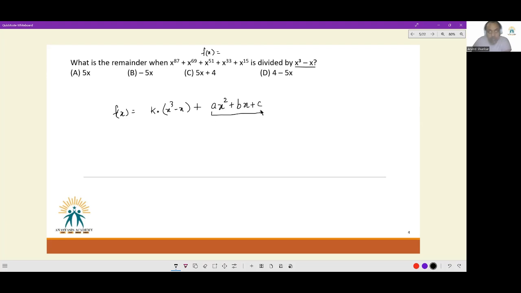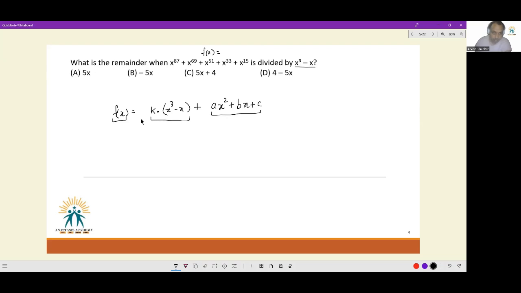This will be the remainder left. For fx, some multiple of what you're dividing it by, and what is left over is some quadratic, because you're dividing it by a cubic, whatever will be left over will be a quadratic.